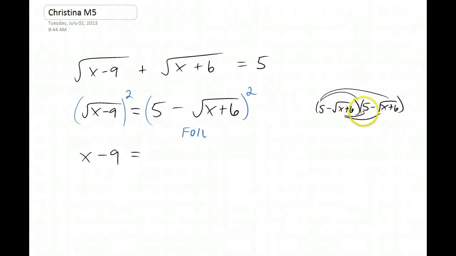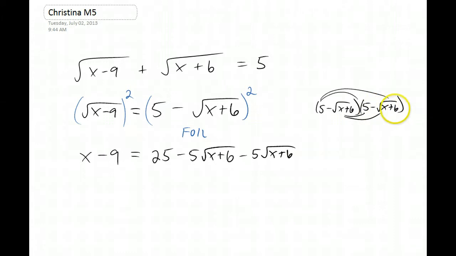So if you multiply the first two terms together, you get 25. If you multiply the outer two terms together, you get 5 times negative square root of x plus 6. That's negative 5 square root x plus 6. If you multiply the inner two terms together, you get the same thing. And if you multiply the last two terms together, well, you get negative square root of x plus 6 times negative square root of x plus 6.